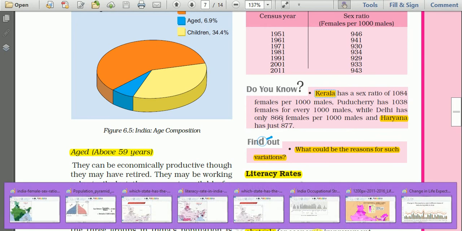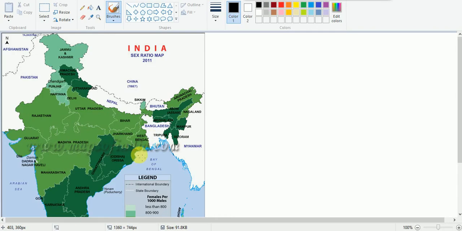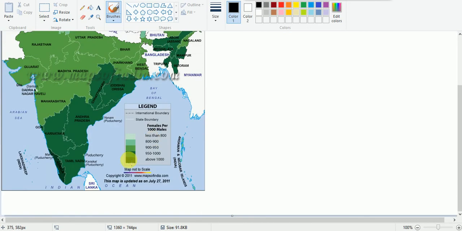If we see this map, the darkest shade shows the highest sex ratio, above 1,000. For example, Kerala has more than 1,000 females per 1,000 males, as we learned earlier.